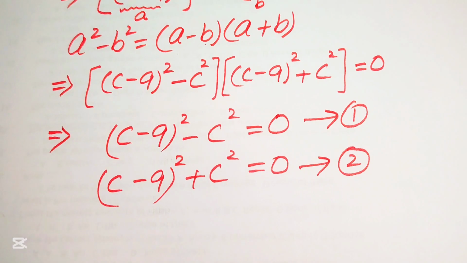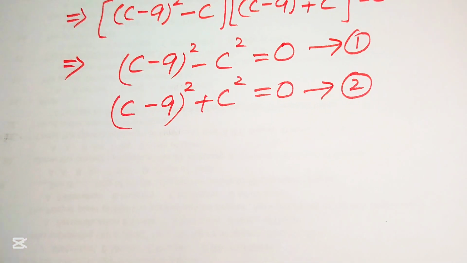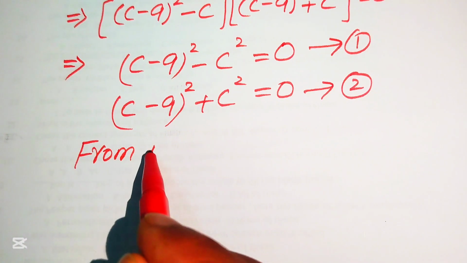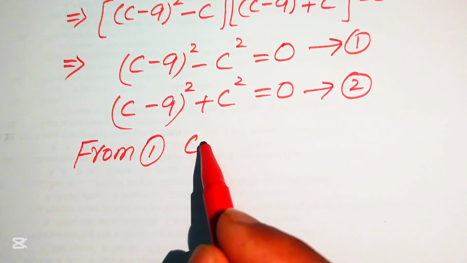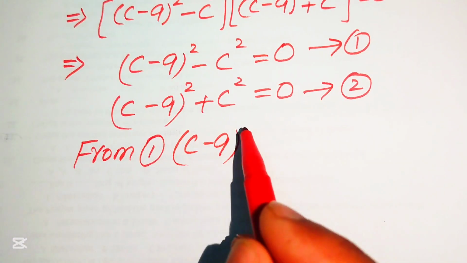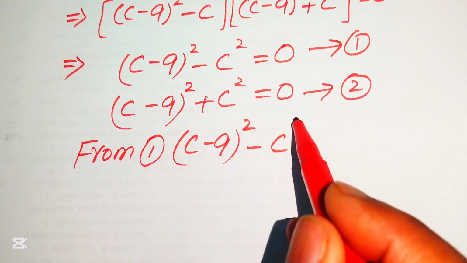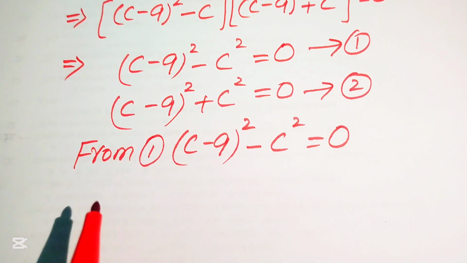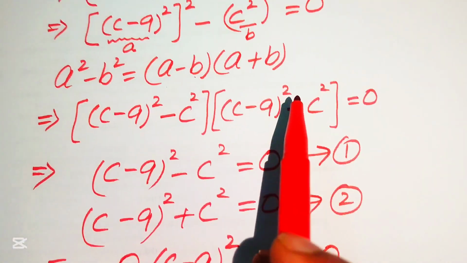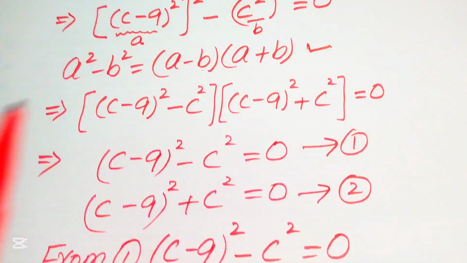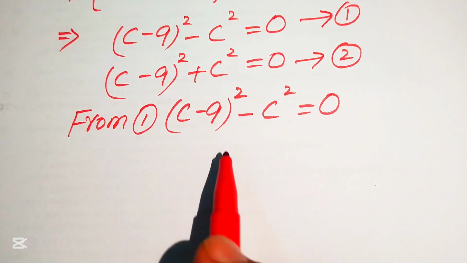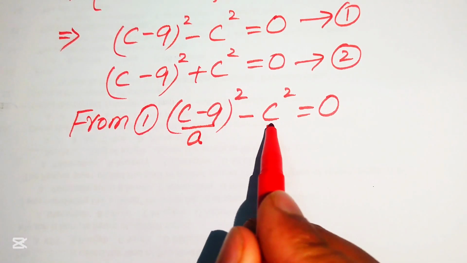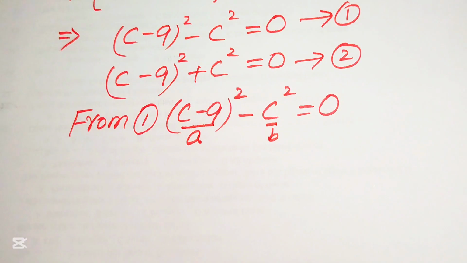Now first we focus on equation number 1, and we get the values of c. We copy down equation number 1: (c - 9)^2 - c^2 = 0. Here we again apply this algebraic formula. Our a is c - 9 and our b is c only.